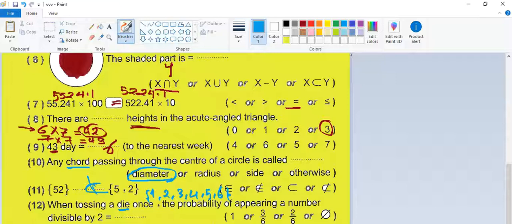Here he said the number divisible by 2, meaning in table 2. Which number here is in table 2? Yes, it will be 2, and here we have 4 and 6. We have 3 elements divisible by 2, so the final result will be 3 over 6.